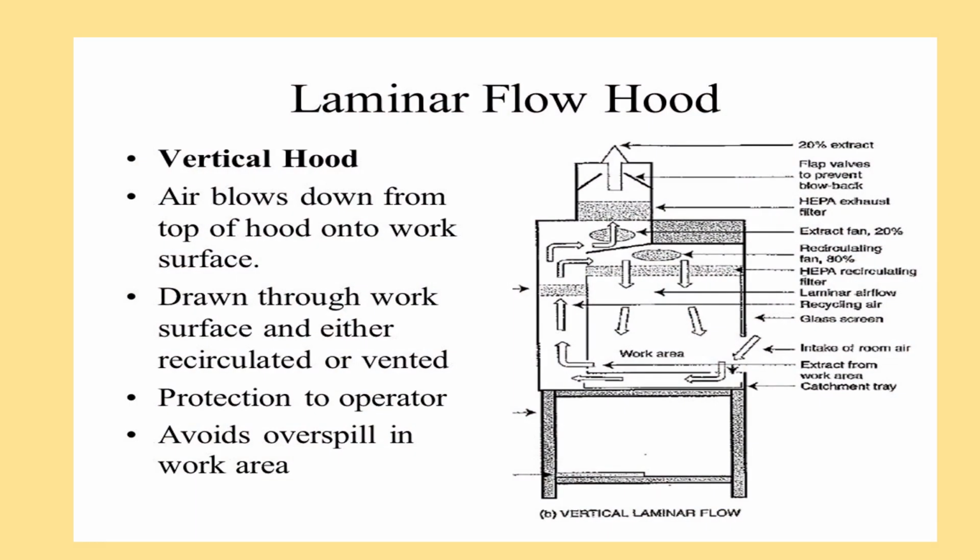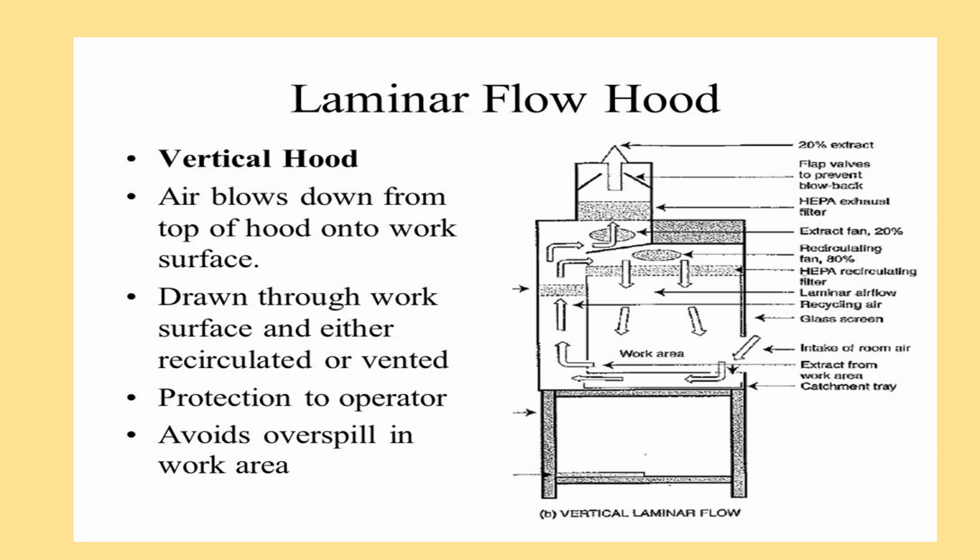Next this is the laminar flow hood. In vertical hoods, air blows down from the top of the hood onto the work surface, is drawn through the work surface and either recirculated or vented. This gives protection to the operator and avoids overspill into the work area.